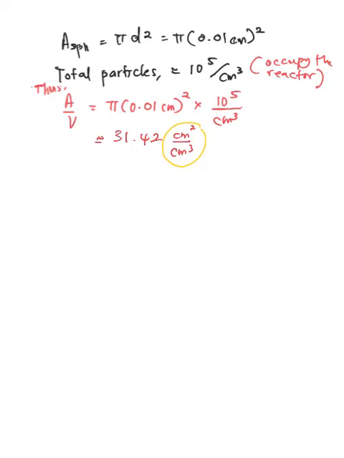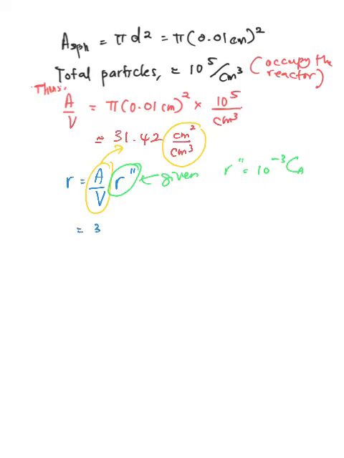From the pseudo homogeneous rate equation, R equals A over V times R prime. Now, the A over V value we already have. R is the value given in the question, which is R equals 10 to the negative 3 CA. So just insert into the equation.